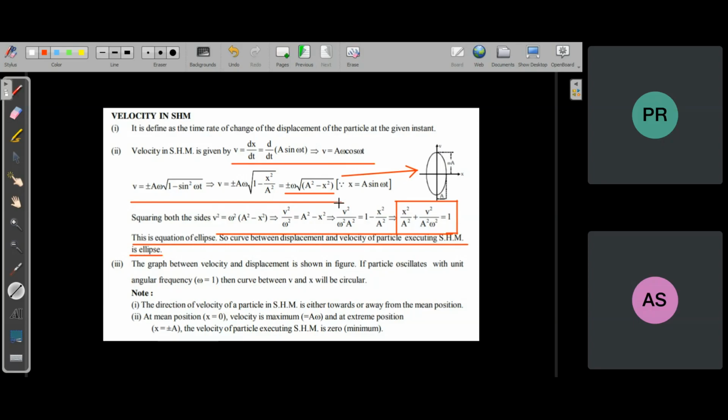So this is important for graphical questions. Many a time they can plot a graph between velocity and displacement. You have to understand it will be elliptical of this shape. Look at the equation. You can also derive the equation. From the equation, you can find the minor axis, major axis.